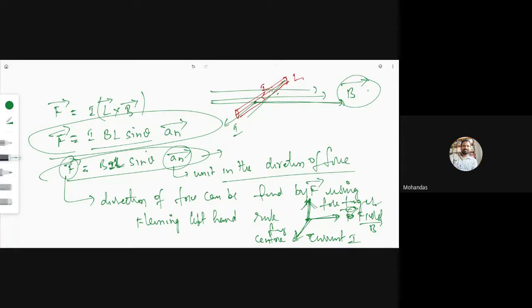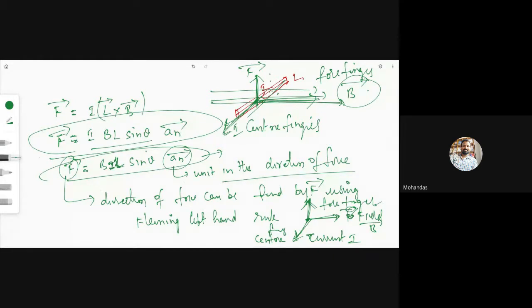It is upward because in this direction you have placed the center finger, and in this direction the forefinger. Then our thumb will be perpendicular to both center finger and forefinger. This is the force.